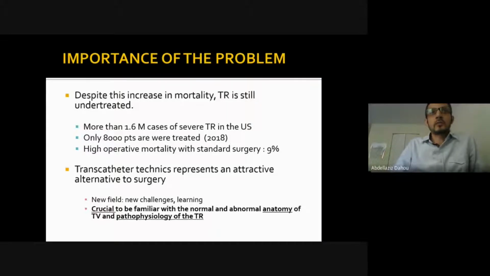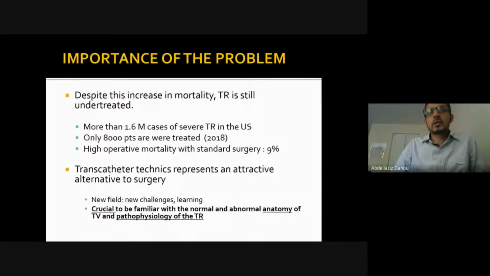In the US, for example, in 2018, the number of patients with moderate or severe tricuspid regurgitation was estimated to be more than 1.6 million. Yet only around 8,000 patients were treated. This is a tiny minority of patients treated, and the remaining patients are left just with medical treatment.